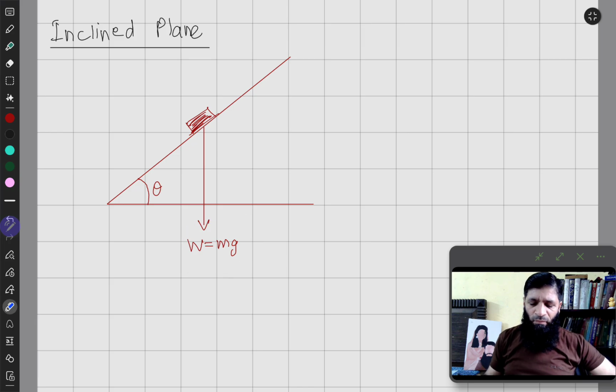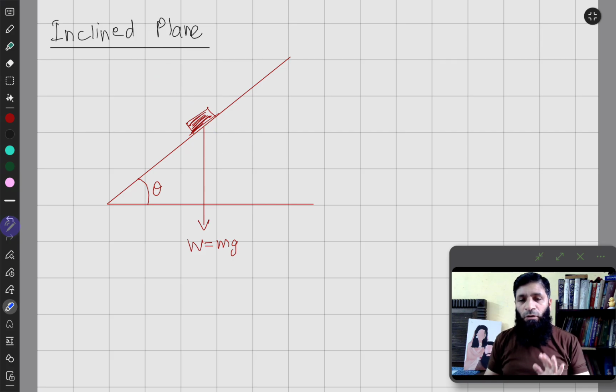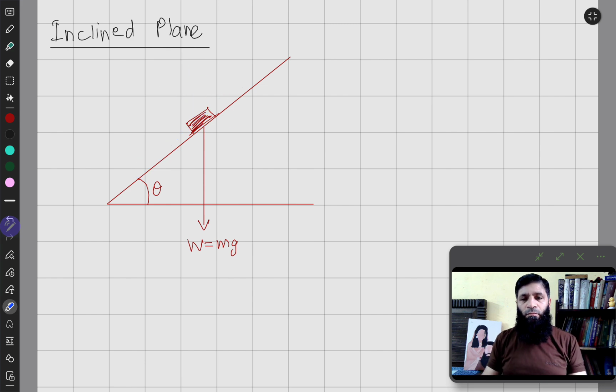You know about this, and you can see in the diagram that this object will be moving in this direction. So we will be resolving all the components parallel to the movement, which is this direction, and then perpendicular to the movement. So all the forces will be resolved along this direction and perpendicular to this direction.